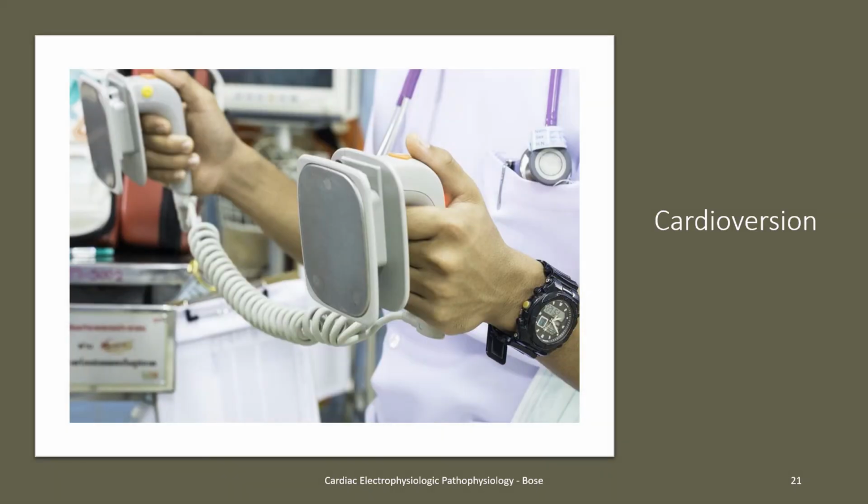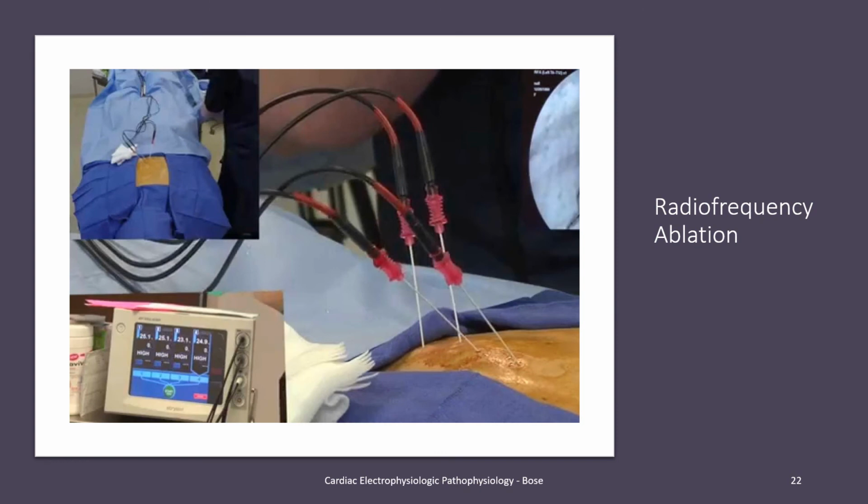This is an image of a cardioverting instrument that can shock the heart back into normal rhythm. And this is an image of radiofrequency ablation being done on a patient.